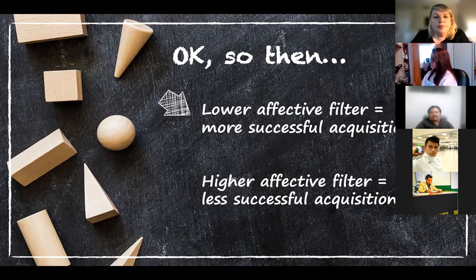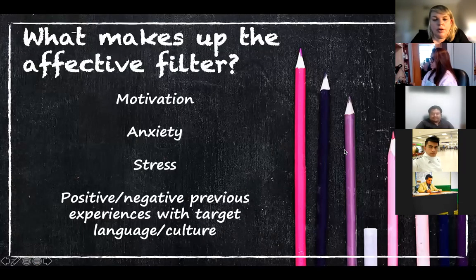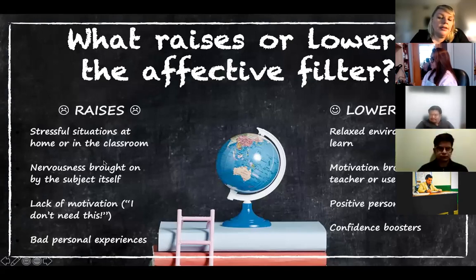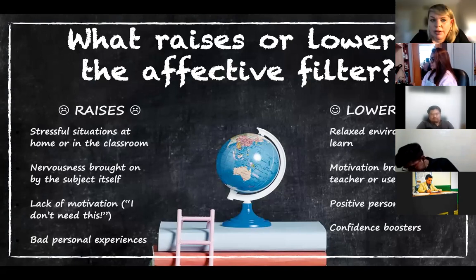Okay, let's continue. So what raises or lowers the affective filter then? Well, you raise the affective filter with stressful situations at home or in the classroom, especially during the pandemic, right? Nervousness brought on by the subject itself, lack of motivation. If students are like, I don't need this, why should they learn it?